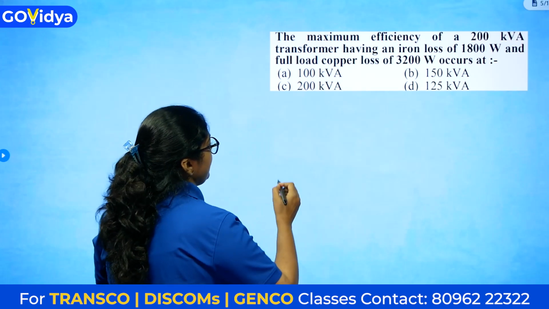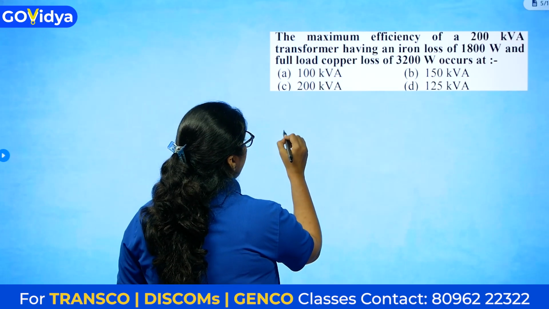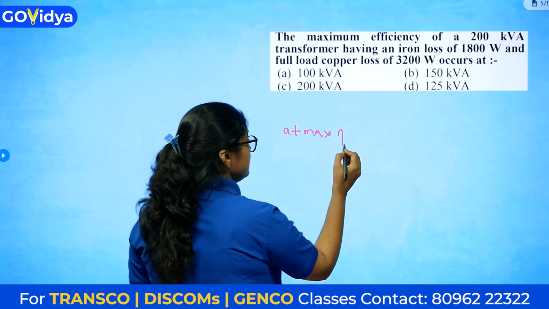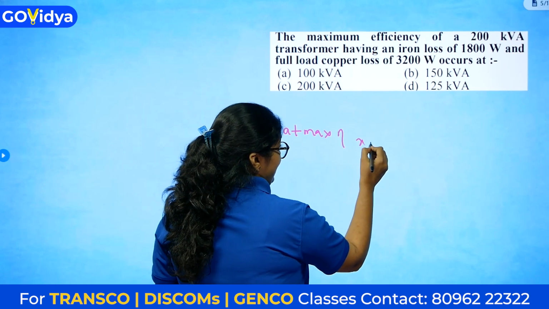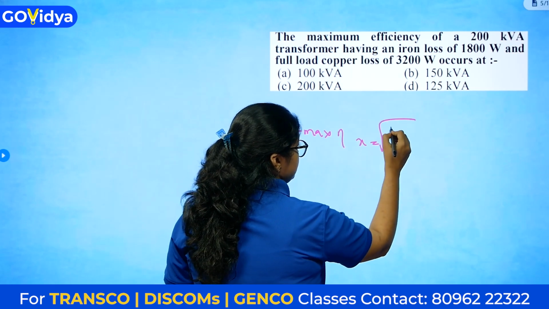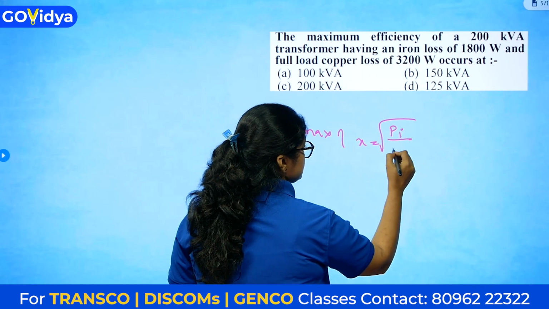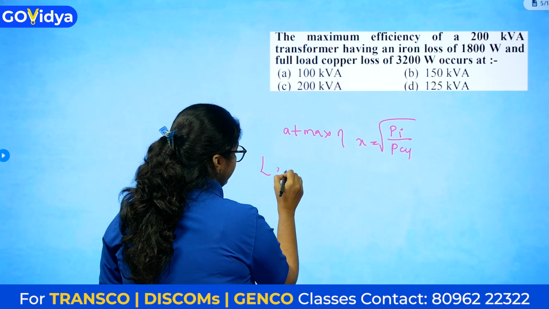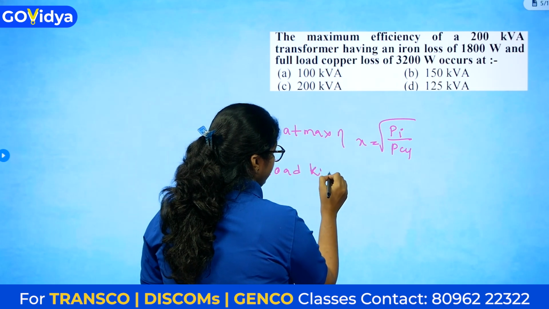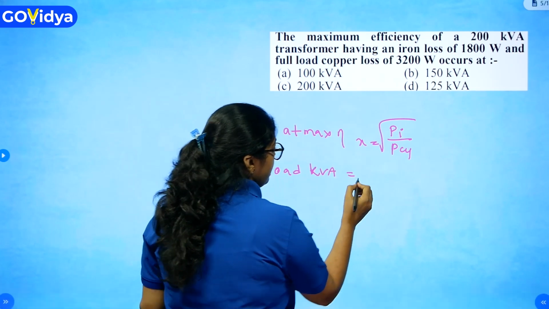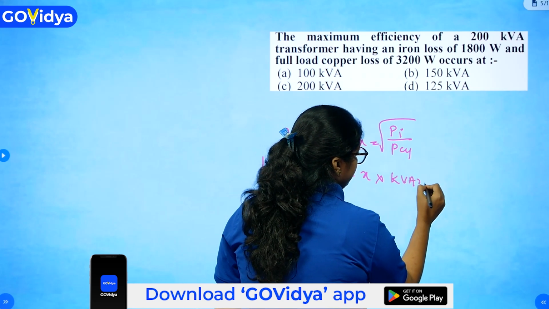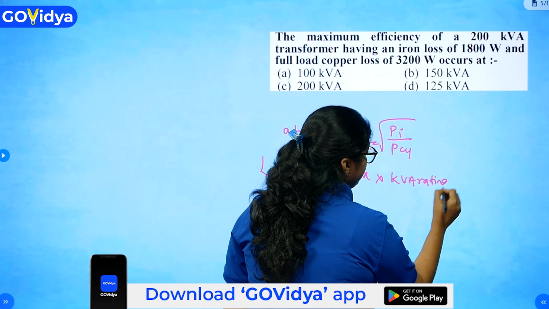So we know the formula at maximum efficiency, X is equal to root of iron loss by copper loss. But the formula for load kVA is X into kVA rating. The kVA rating is given in the problem.